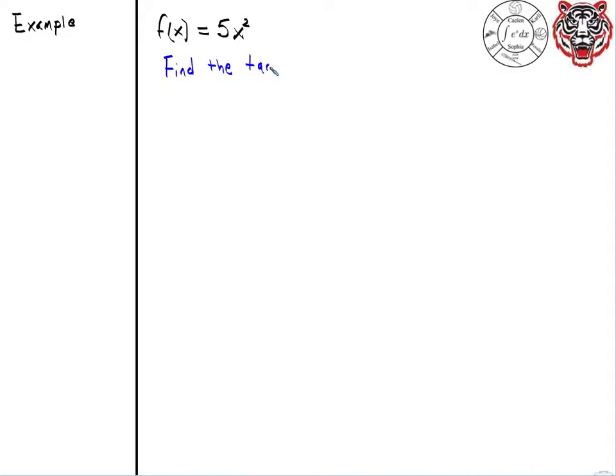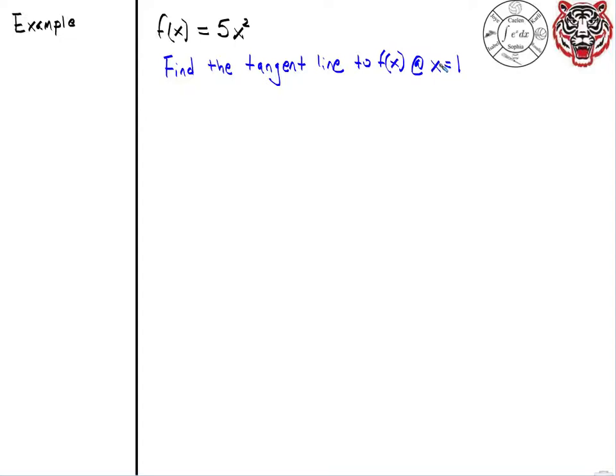Find the tangent line to our function, f of x, not g of x or h of x, at the point x equals, we'll go with 1. All right, that's all I give you. I only give you an equation and the instructions. Find the tangent line. I do tell you a little bit more information. X is going to be 1.